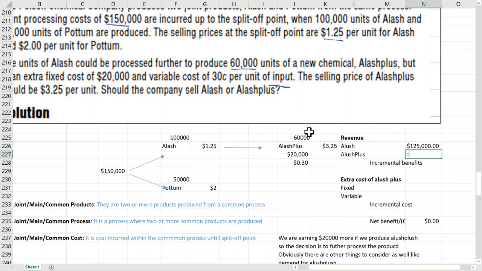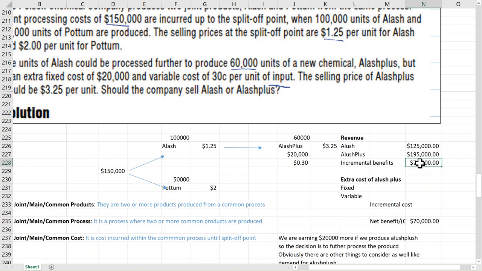But if we make LH plus, which will be 60,000 units, we will be able to sell it at 3.25. It means our revenue would be 195,000. So there is an incremental benefit of 70,000.